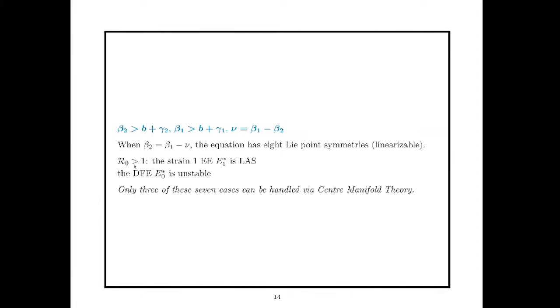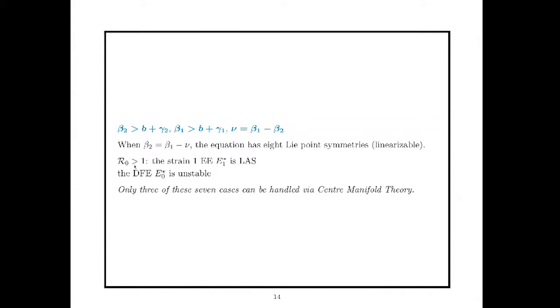So you can see a lot about the biology as a result of looking at the symmetry analysis of the particular system. So what is really interesting is that while the symmetry analysis handles all 7 of these cases, using center manifold theory, which tends to be a fairly powerful method, one can only handle 3 of the cases that arise here. So again, this shows that symmetry analysis is useful where other methods fail in the analysis.